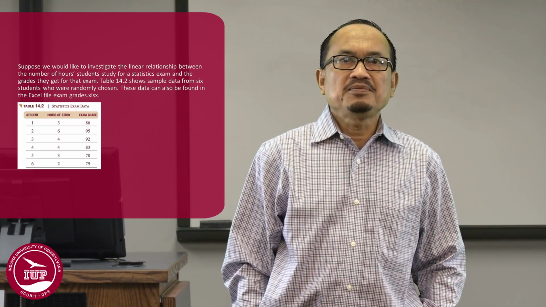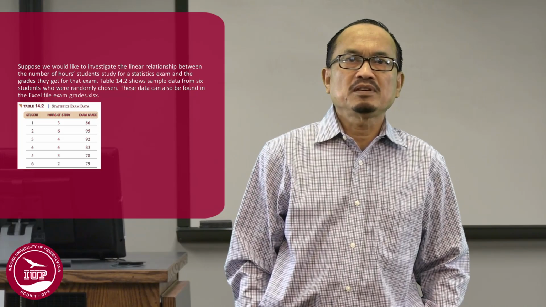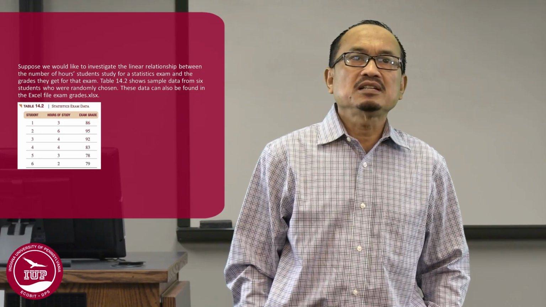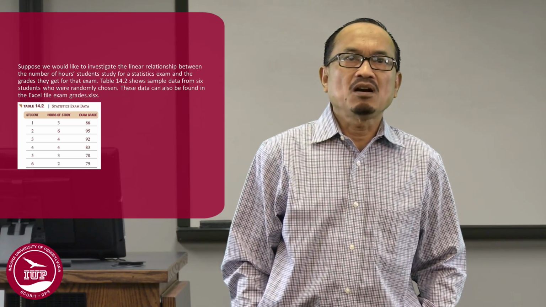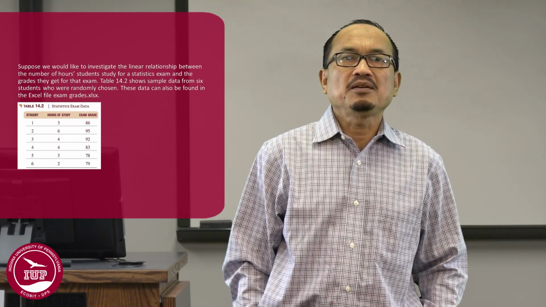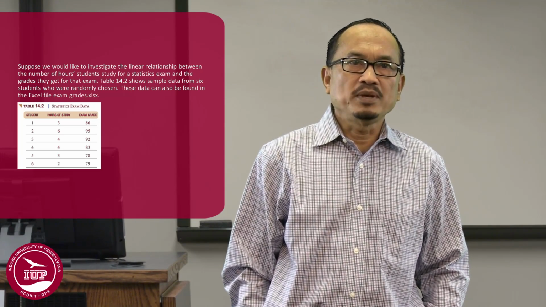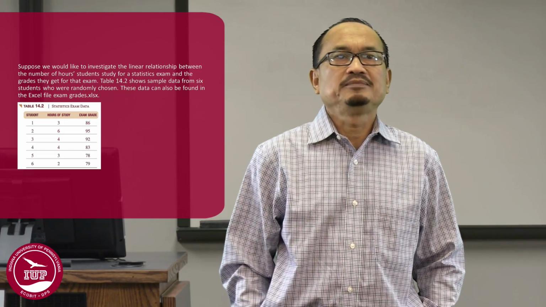I'm hoping you agree the hours of study variable is considered the independent variable, or x, because we expect that it affects the change in the exam grade, which is considered to be the dependent variable, or y.